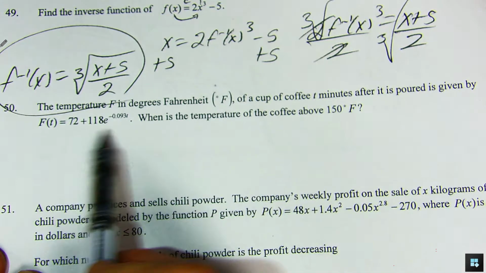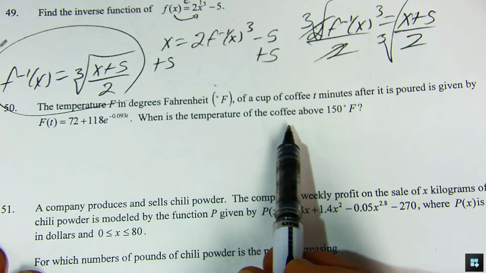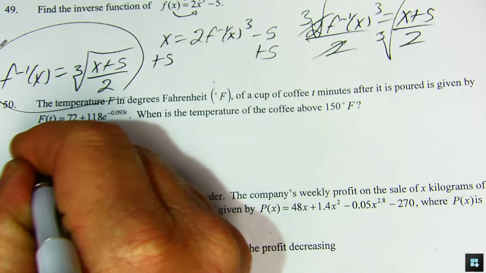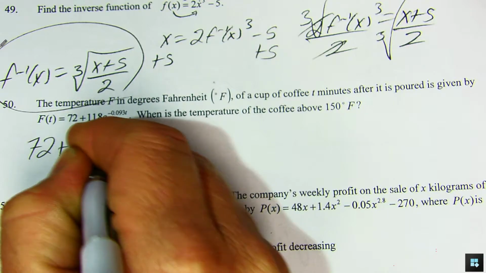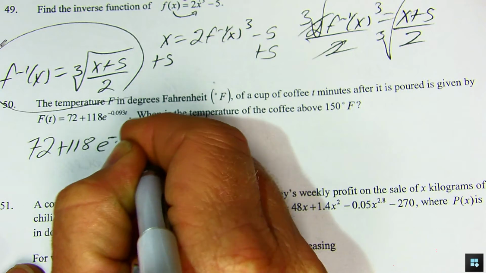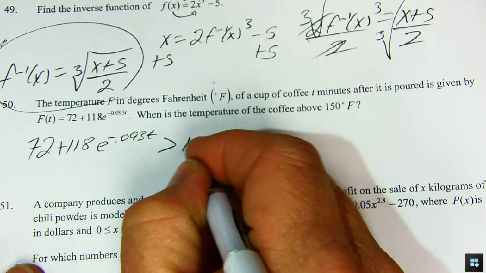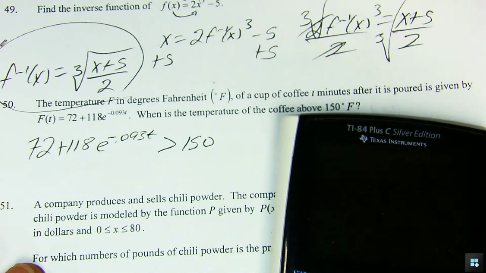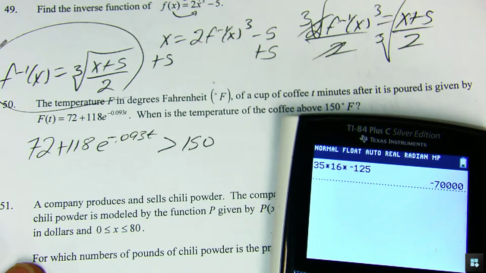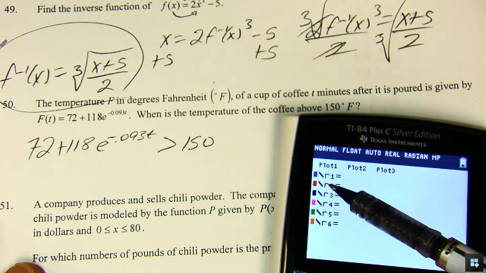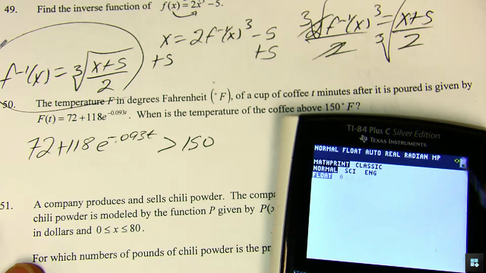It says the temperature is given by this equation when the temperature of the coffee is above. When is the temperature of the coffee above 150? So in other words, when is this going to be greater than 150? So we can take out our calculator, turn it on, then go 72, y equals. Oh, look at my calculator, I'm in R, so I've been plotting polar things.